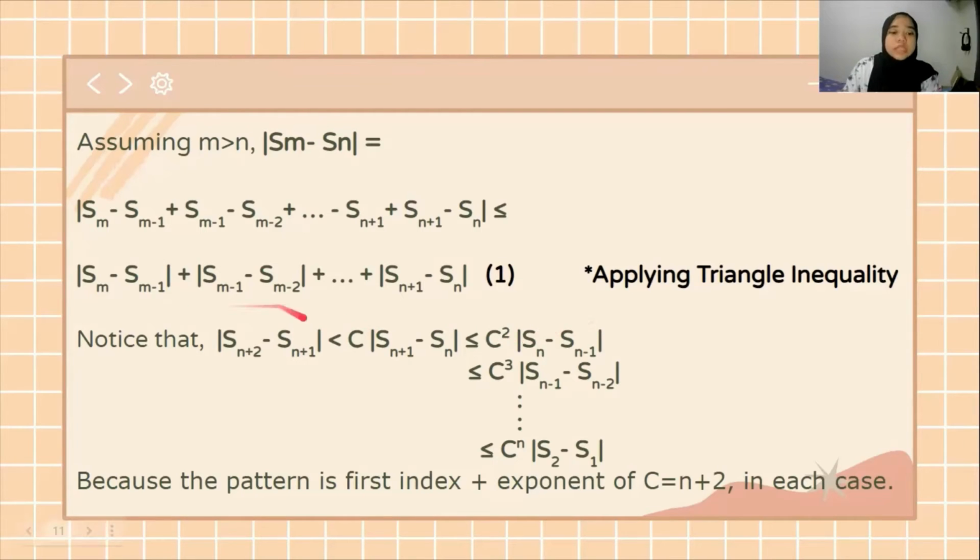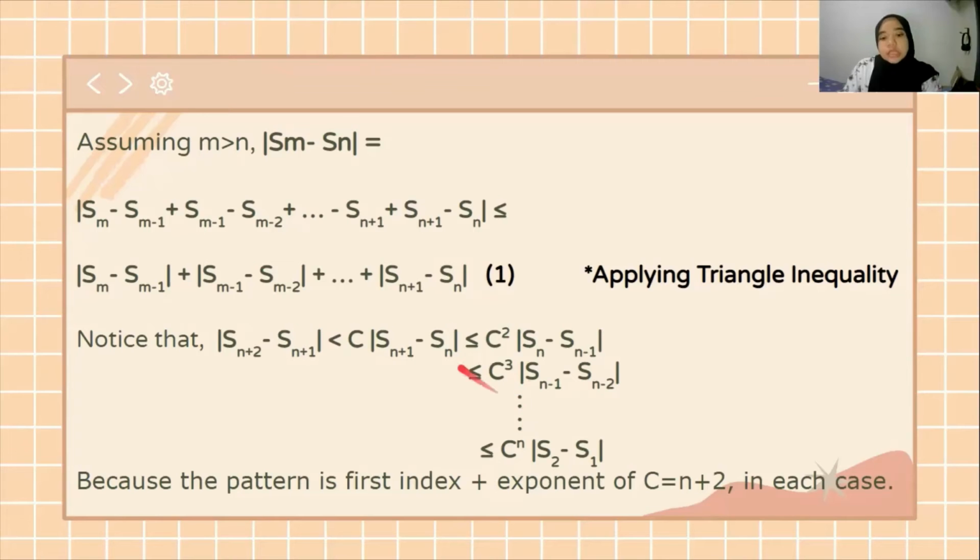By noticing from the equation, we notice that the modulus of Sn plus 2 minus Sn plus 1 is less than or equal to the constant times modulus of Sn plus 1 minus Sn, which is also less than or equal to the constant to the power of 2 with modulus Sn minus Sn minus 1.